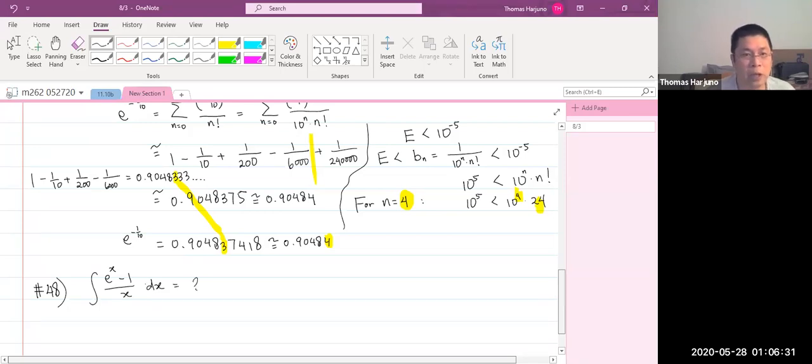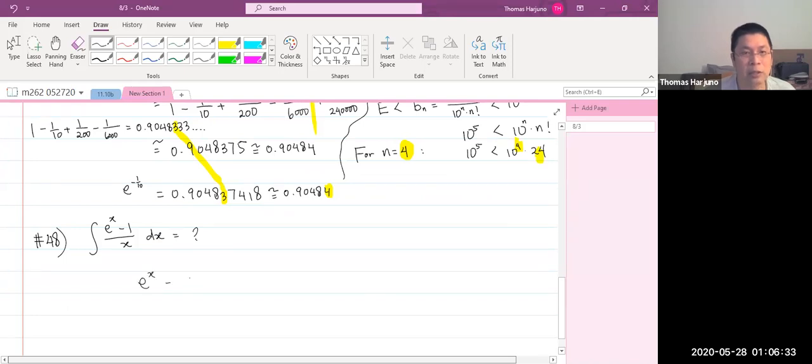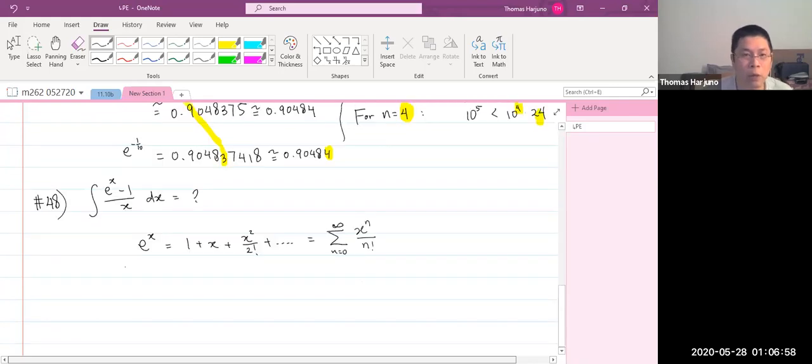Take a look. e to the x is 1 plus x plus x squared over 2 factorial and on. Basically, this is the summation from n equals 0 to infinity of x to the n over n factorial. Now, imagine if I subtract 1. So I actually start from n equals 1. Is that right?